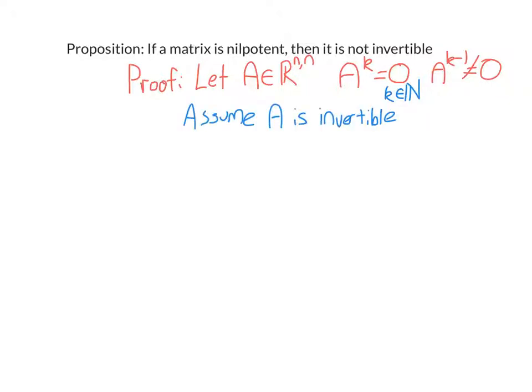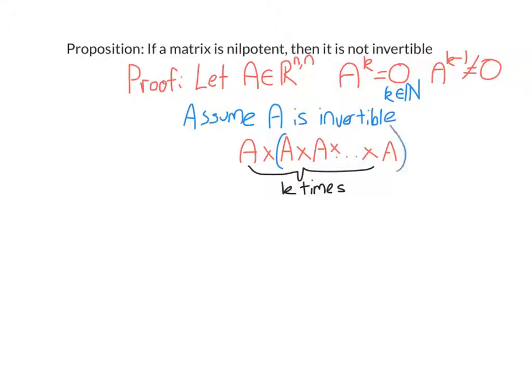It actually doesn't matter whether or not A is invertible for this next line. It turns out A to the power of k is just A times by itself k times. Because of the associative property of matrix multiplication, I can put the brackets wherever I like. So I can put them here.